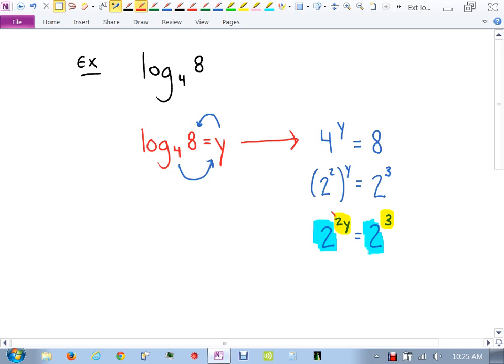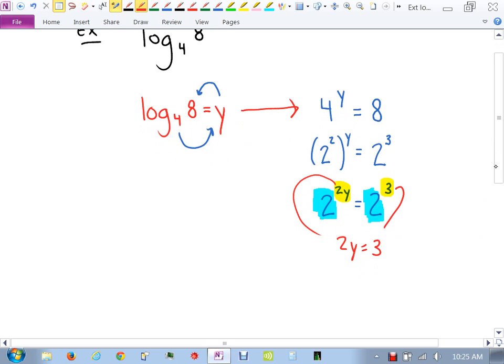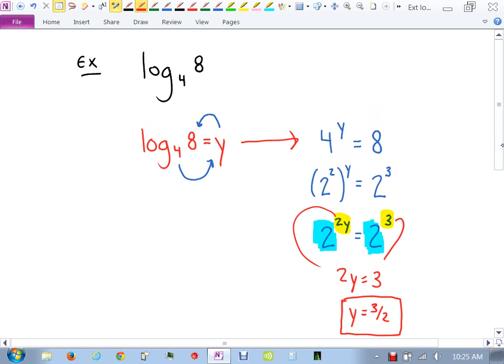So that tells me that 2y must equal 3, which means y is 3 over 2. So your answer is 3/2. So the answer to the problem is 3/2.